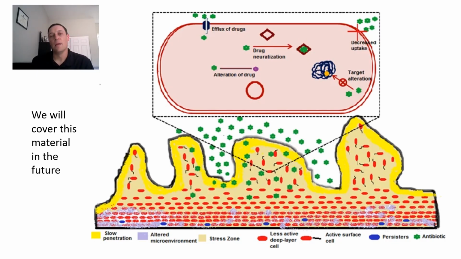Oftentimes, this could be antibiotics, it could be immune cells in some cases, but largely anything that could be toxic or harmful to the cells within this biofilm, they are receiving protection from it because there are so many of them. Even if some of them get wiped out, which we expect would happen, those that are down at the bottom or in the initial stages of the biofilm or in a protected environment are able to survive the dosing of those drugs because they never have to come in contact with it.